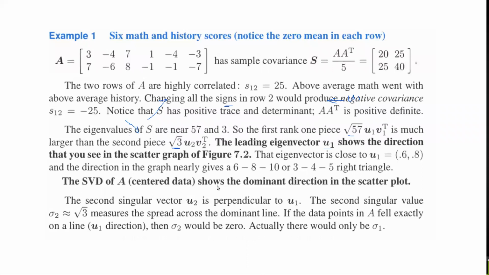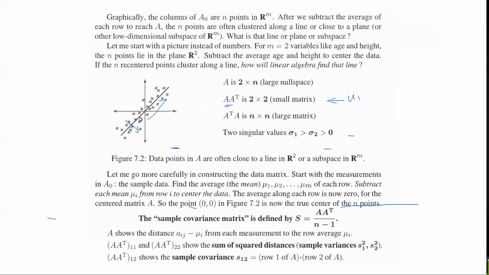We say that the SVD of A, the centered data, shows the dominant direction in the scatter plot. The second singular vector, U2, is perpendicular to U1, and the second singular value, sigma 2, the root of which is approximately root of 3, measures the spread across the dominant line. Like I said, it measures the spread of your data.